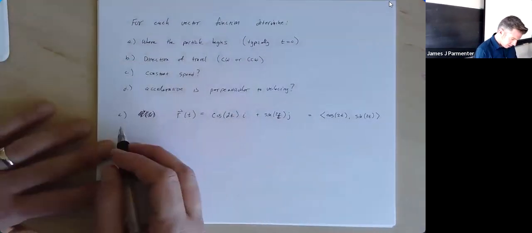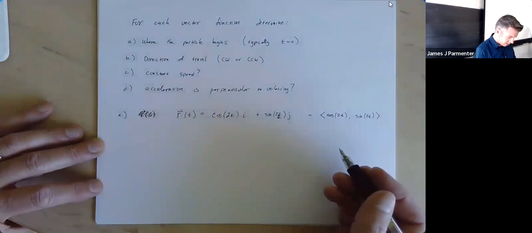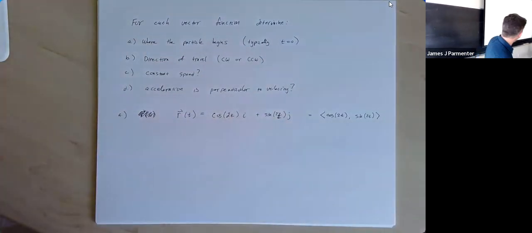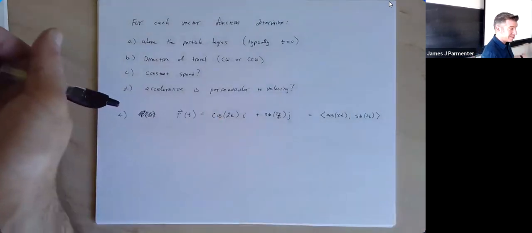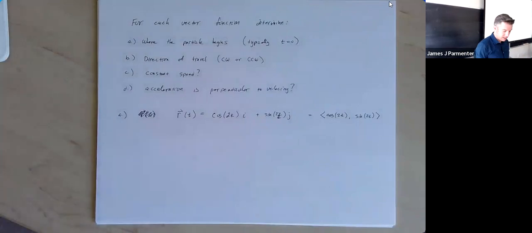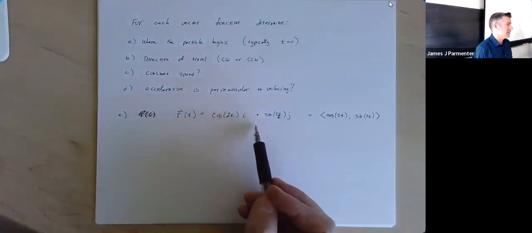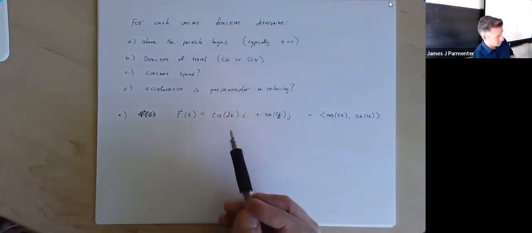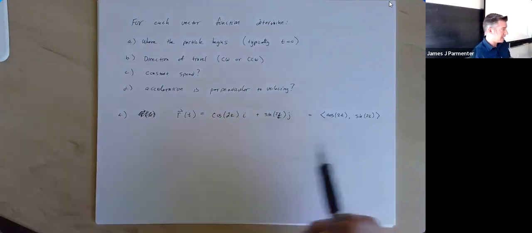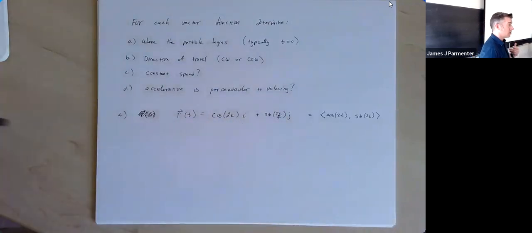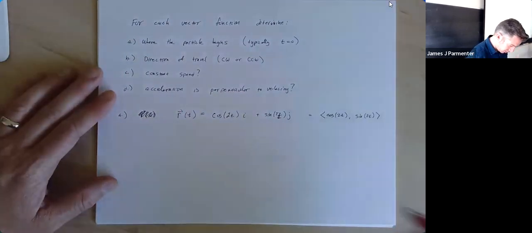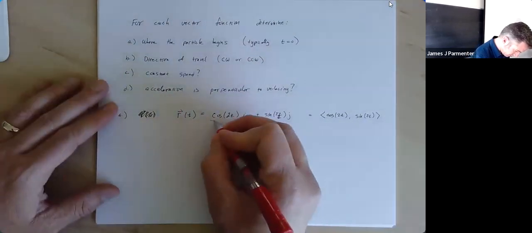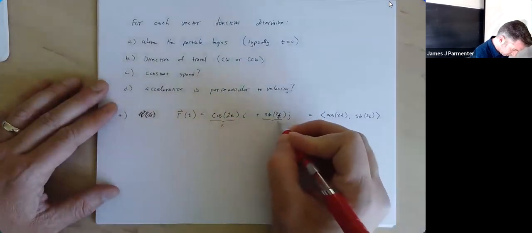So where does this particle begin? Well, in fact, what is this describing? We want to get very comfortable with the fact that when you see cosine times i plus sine times j, or cosine times i minus sine times j, anything like that is almost always going to be a circle. We know this is a circle because this is our x coordinate, this is our y coordinate.